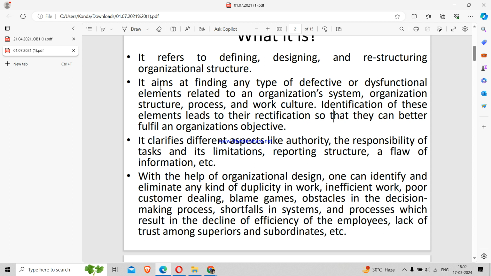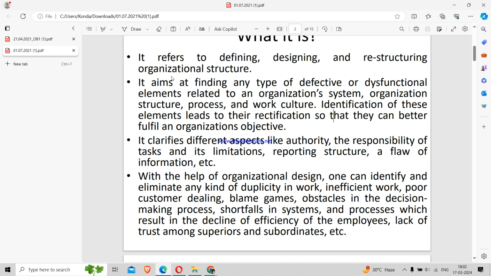It will help to identify the particular flaw of a particular organization. If a particular organization is not able to produce the expected productivity, it may be economic productivity, it may be product productivity, it may be anything.